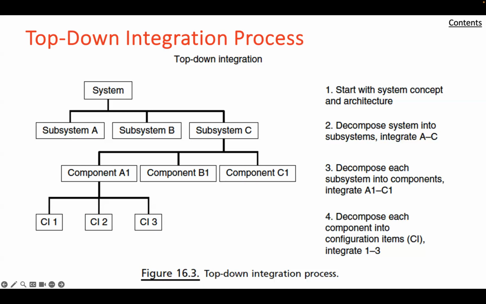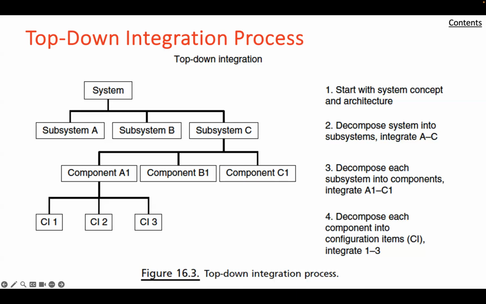Let's start with top-down integration. This approach starts with a high-level system concept and then decomposes into smaller units. This approach can provide a high-level look at the entire system concept from the beginning, and then incrementally build in additional levels of detail as the project progresses, which can provide users and stakeholders a view of the bigger picture from the beginning.